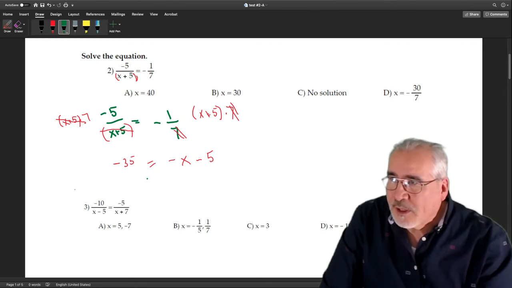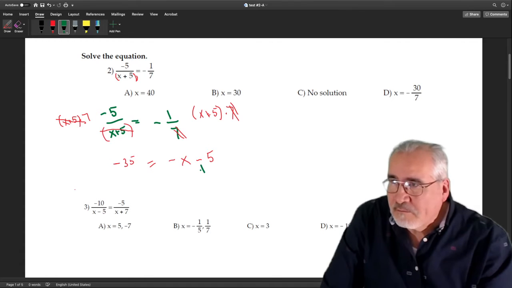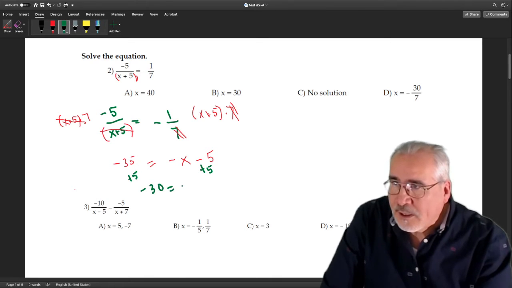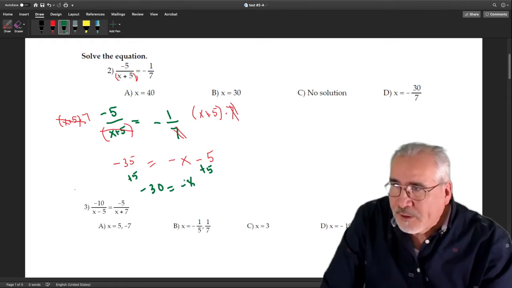So then we want to solve for x, so I would add 5 to both sides, which gives me -30 equals -x. And think of that negative in front as being a -1 if you'd like, because that's what it is.